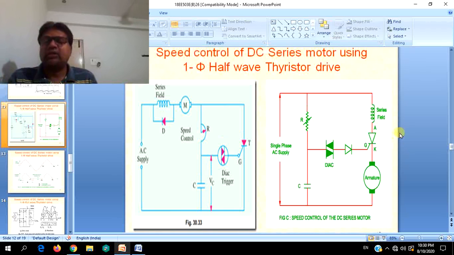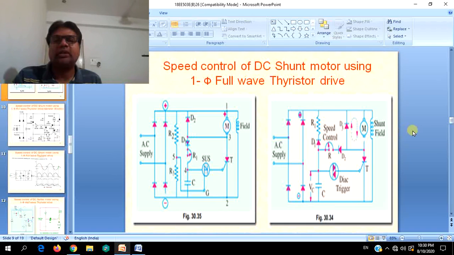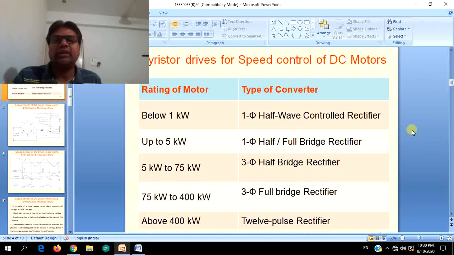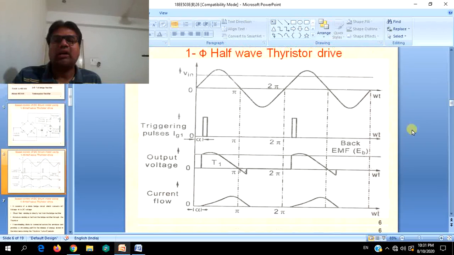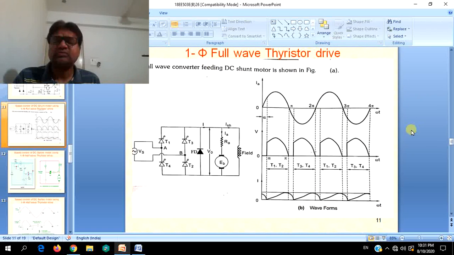So that is how different circuits are adopted to control the speed of DC shunt motors by using single phase half wave and also full wave thyristor drives. And these circuits can be designed in different fashions, whether fully controlled, half controlled or uncontrolled diode bridges with a simple SCR control, in the same way we have discussed.